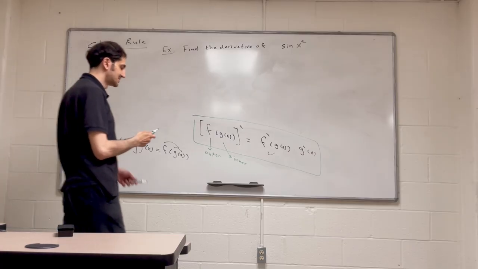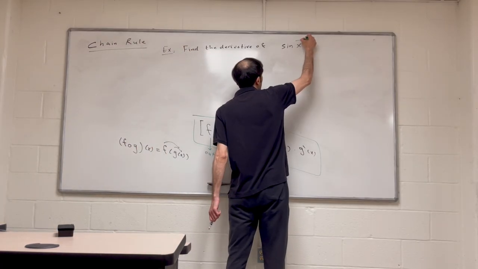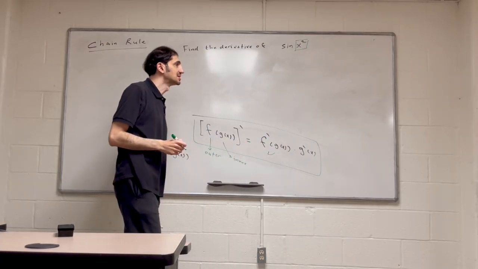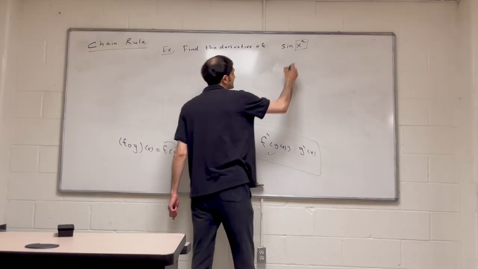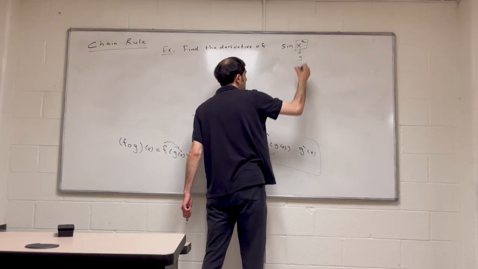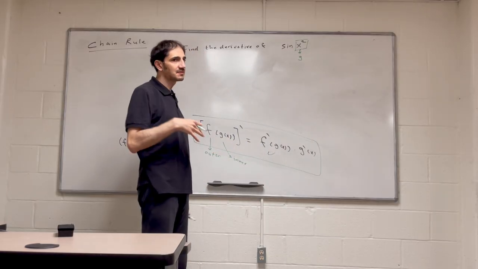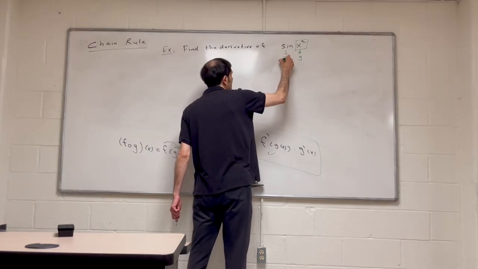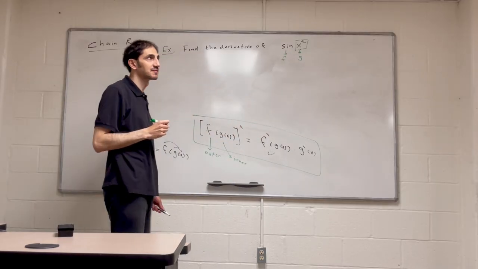Take a look inside. Inside here, I have x squared. That would be my inner function, so that would be my g. G is a quadratic function, as you can see. And after g, I'm going to apply what? Sine. This is my outer function, f.